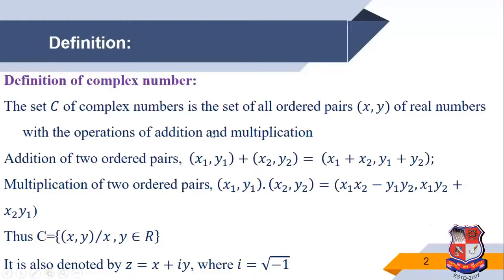So again, a complex number is an ordered pair denoted by (x, y), where x and y both are real numbers.